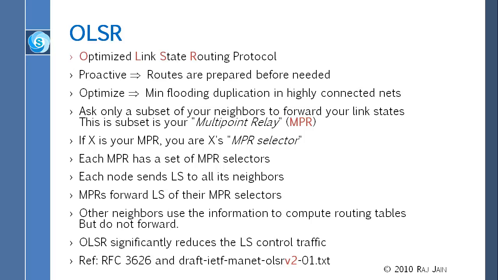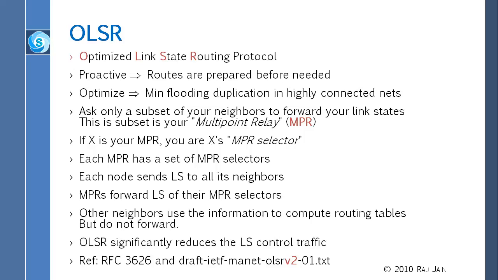So OLSR significantly reduces the LS control traffic. By not forwarding from all 5, you have reduced the control traffic quite significantly, because in this example at least 3 nodes don't have to do any more forwarding and there is no more overhead in that case, whereas only the MPRs will send it.